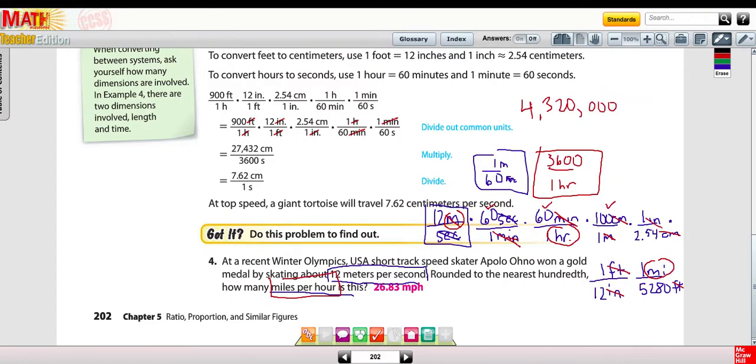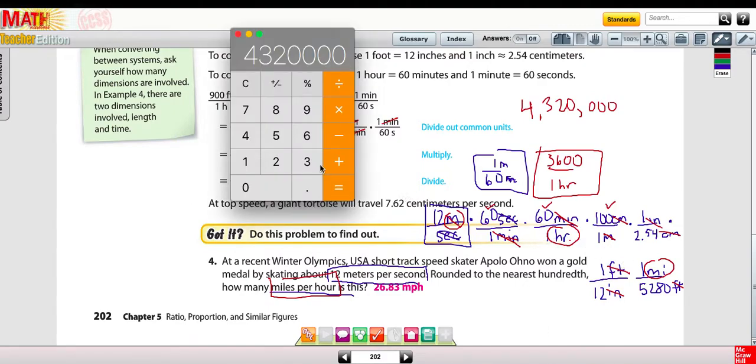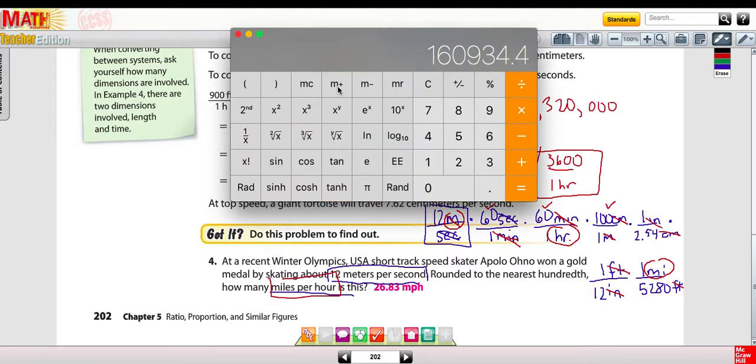And in the denominator we have 1 times 1 times 1 times 2.54 times 12 times 5,280. So we'll take 2.54 times 12 times 5,280 to get that. And let me see if I can put that to memory.